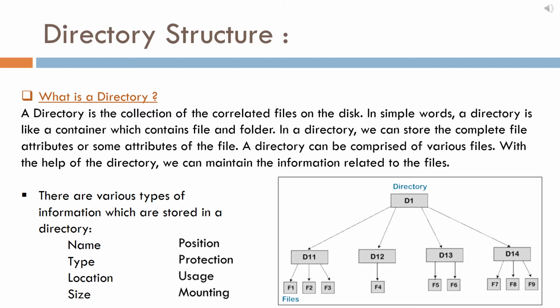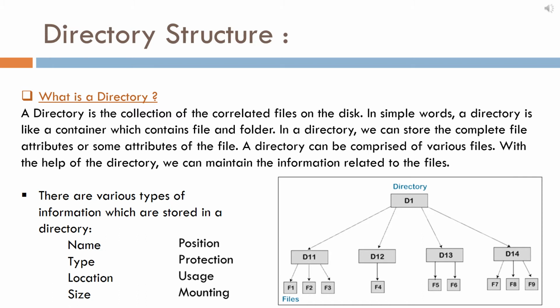There are various types of information which are stored in a directory, like name. Now what is name? Name is the name of the file or directory which is visible to the user. The next one is type. Type means what type of directory is present, such as single level directory, two level directory, three level directory, or acyclic graph directory.